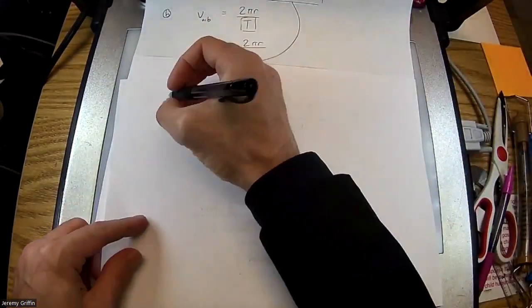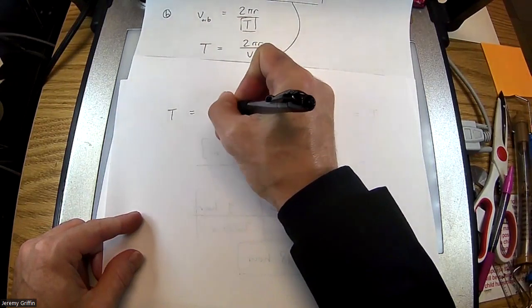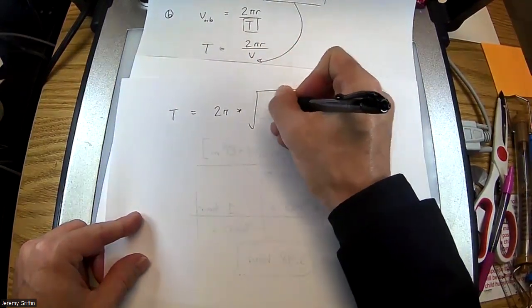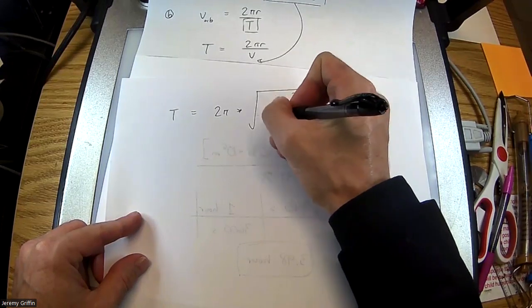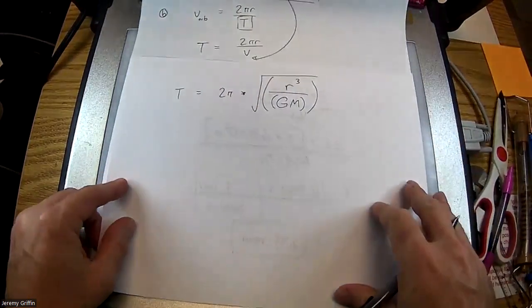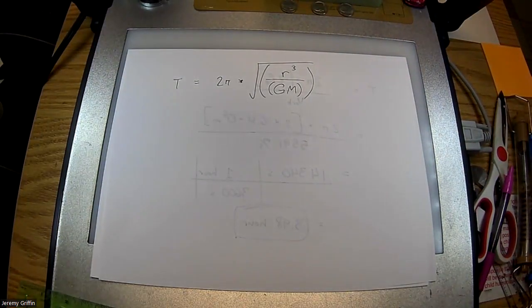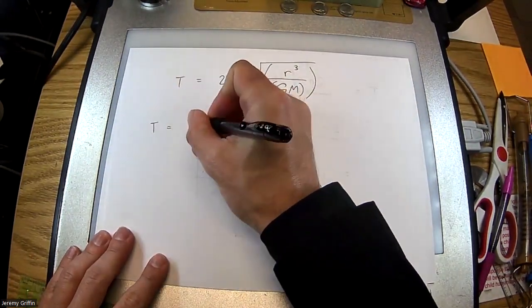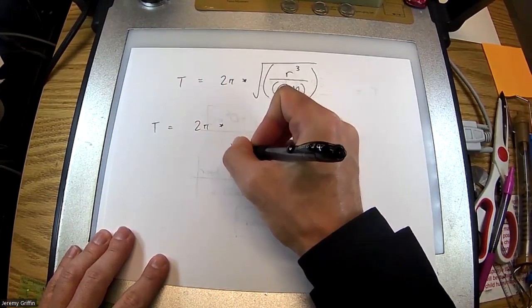Time period is 2 pi times the square root of the distance to the power of 3 divided by GM. It's really just a different perspective. I think we did derive this in class, might be a while back in your notes. So time period is 2 pi times the root.